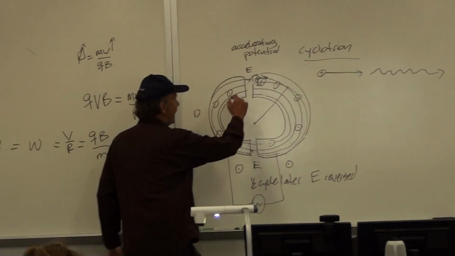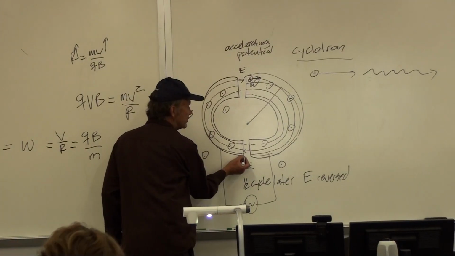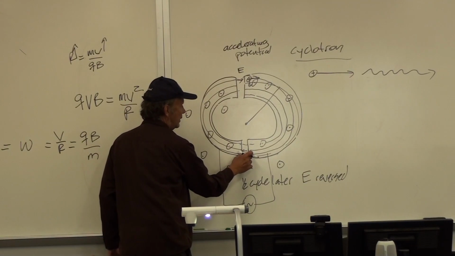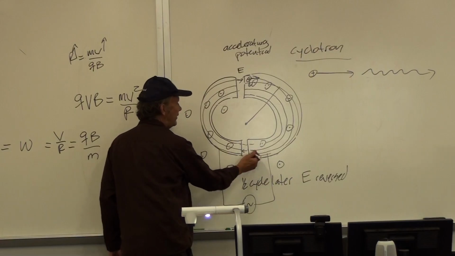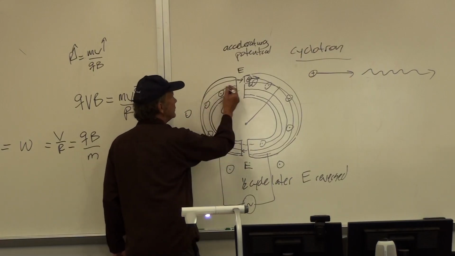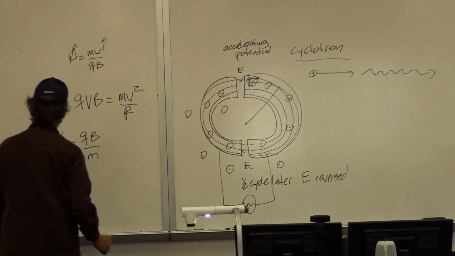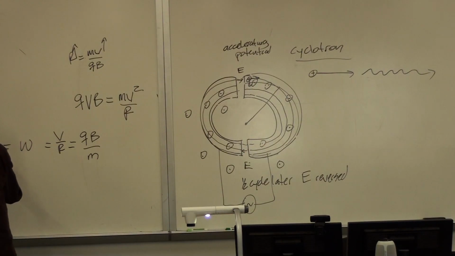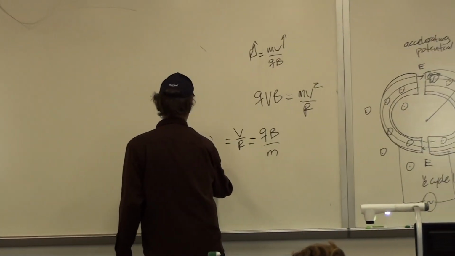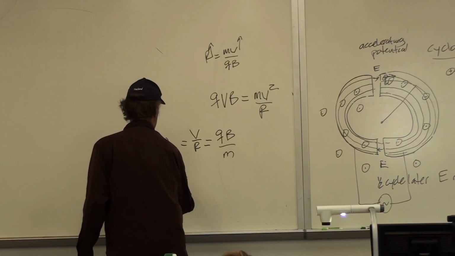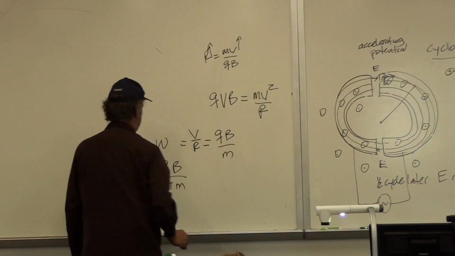And so then, half a cycle later, you just flip the polarity on your electric field, and then it keeps it going and brings it up to a higher radius. Then you flip it again, brings it up to a higher radius. And so we could say then that the frequency of this is equal to qB over 2 pi m.